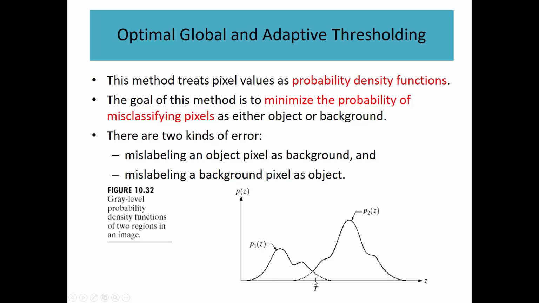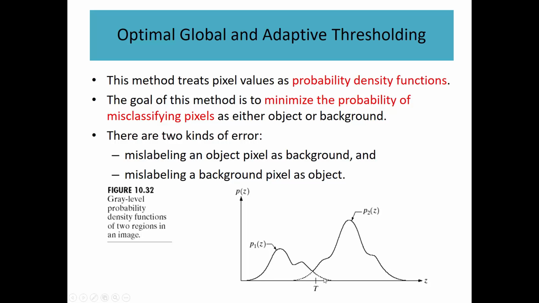So you can see in this figure, if we select a T here, all those pixels whose intensity value is greater than T are going to be grouped together and represented as background, and all those pixels whose intensity is less than T are going to be grouped together and represent the object.